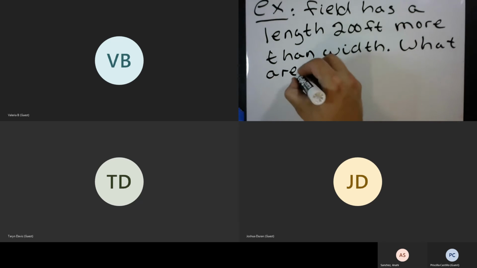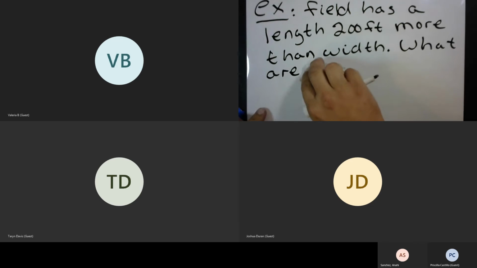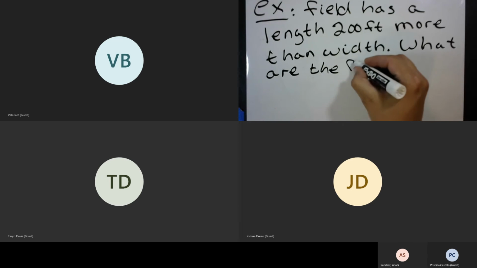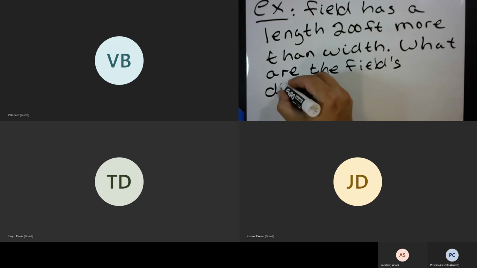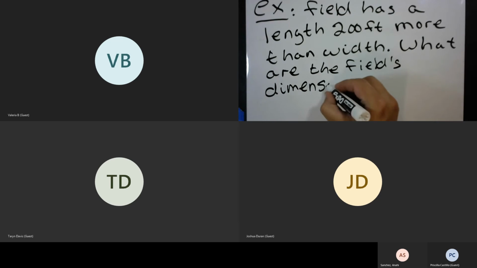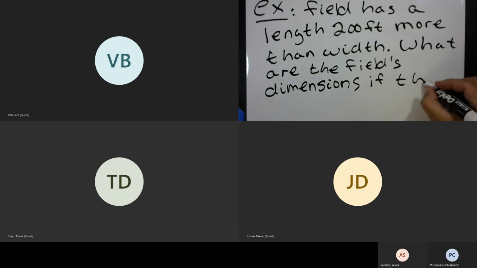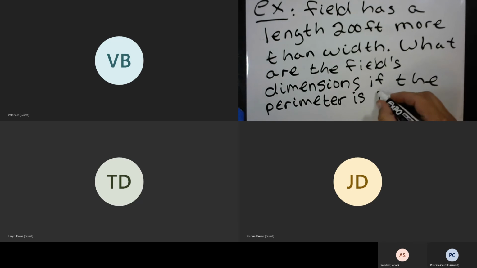What are the field's dimensions if the perimeter is 1,040 feet.